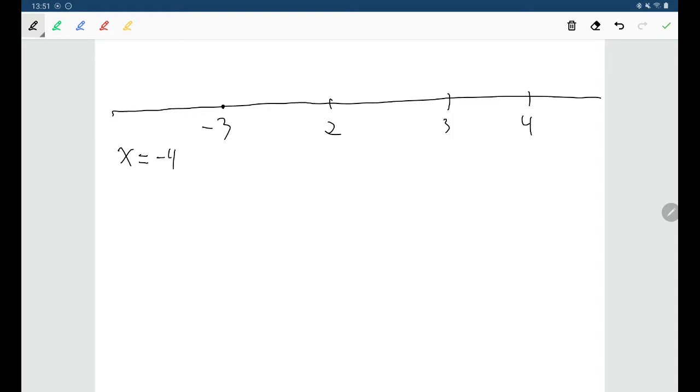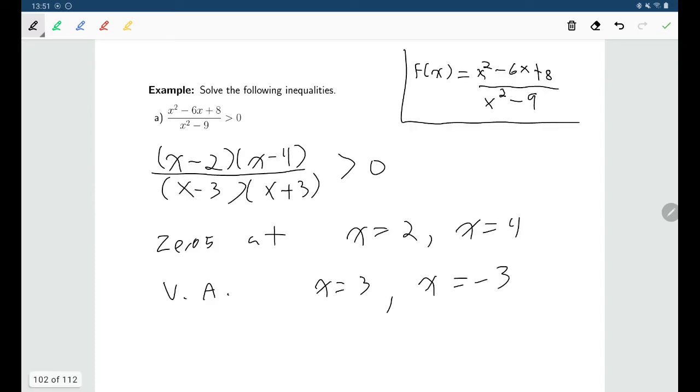You could choose -7,000,000,005,000,000 if you want to, but eventually we're going to need to come up with our y value, and we would find it by putting -4 into our function. So you would have to go back and remind yourself of what your function is, and evaluate it when x is -4.